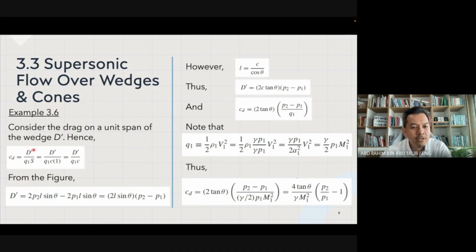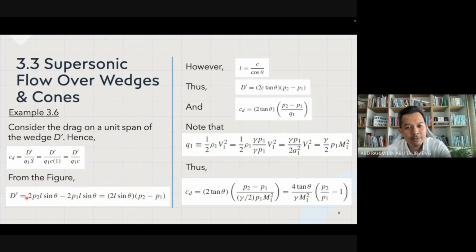We know already that the coefficient of drag is equal to the drag over Q1 S, which is equal to Q1 C, so D prime, the drag, over Q1 C.